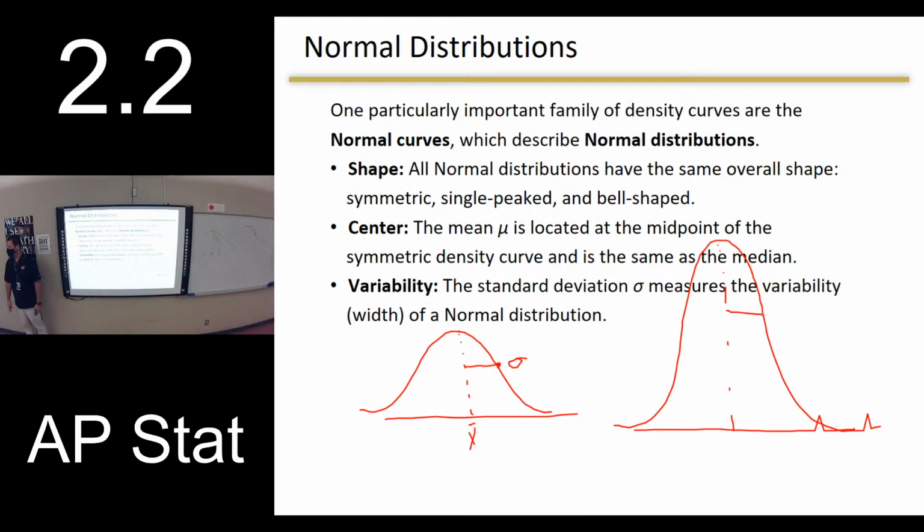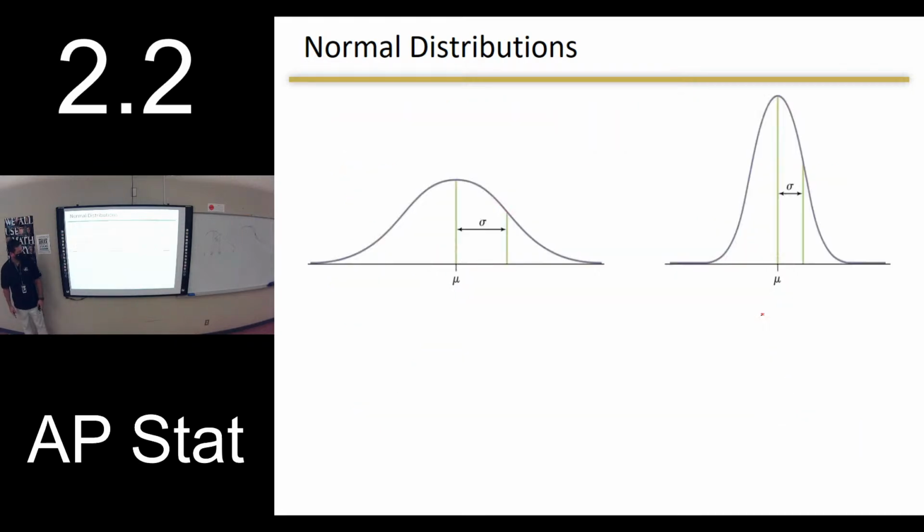Everybody good? Quick. There are 2 different normal curves. Here's mu, here's sigma. Here's mu, here's sigma. If these were on the same number line, this mu would be a whole lot bigger than this mu, because if this is 2, then this would have to be like 5 or 6 or 7 or 8.